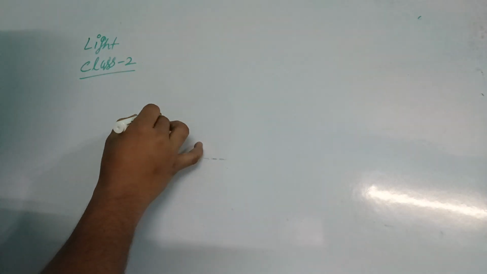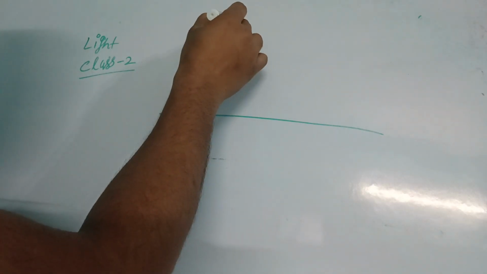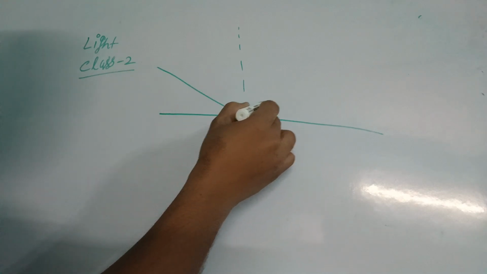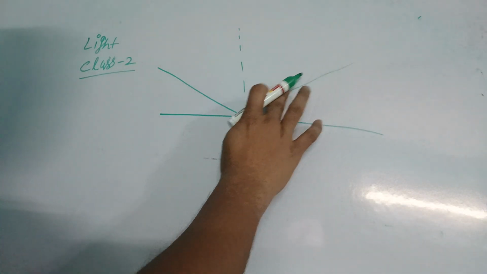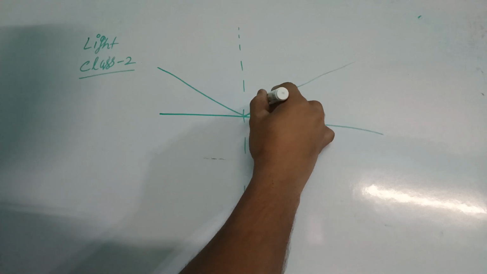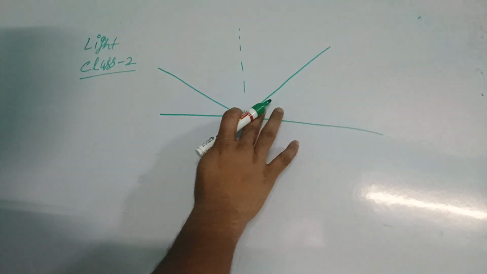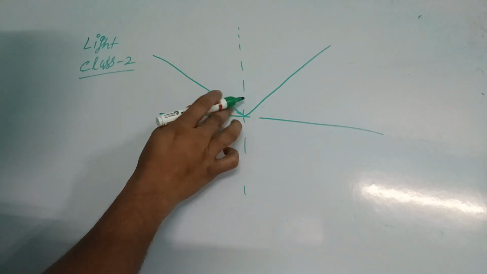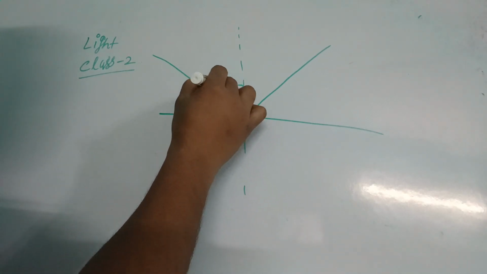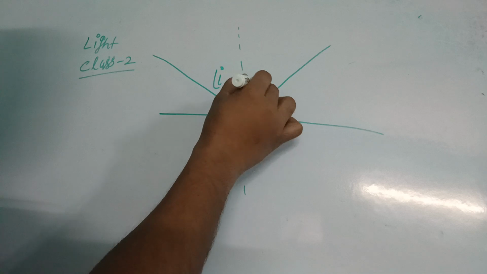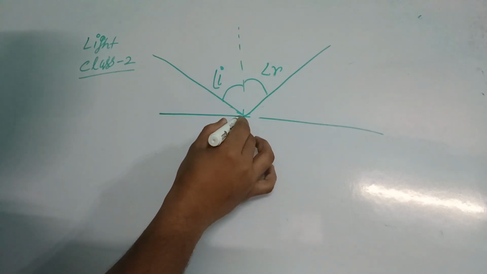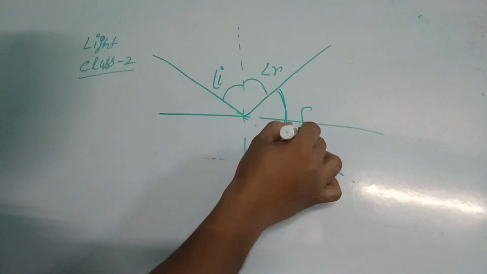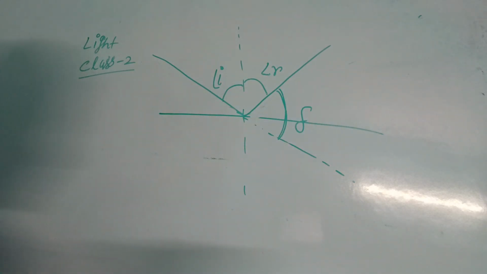Similarly, now we have one diagram, this one. This is the incident ray, the reflected ray; the angle of reflection and the angle of incidence must be the same. So we can draw this diagram. This is angle I, that is angle R, and this angle is angle delta.